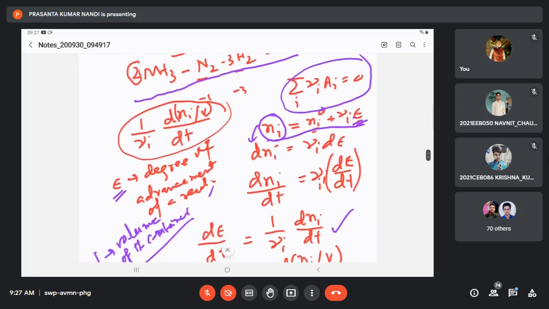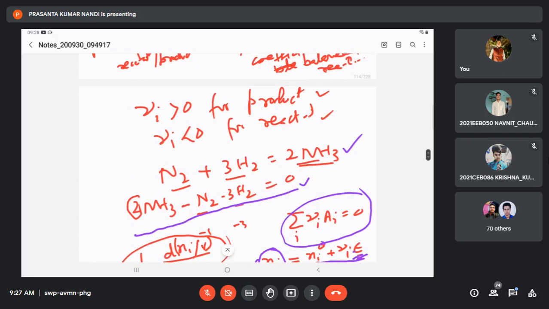Say for example, the formation of ammonia. What is the rate of reaction with respect to nitrogen? Look, if in 1 second, 1 molecule of nitrogen reacts or is consumed, at the same time, at the cost of 1 molecule of nitrogen, 3 molecules of H2 are consumed, and subsequently 2 molecules of ammonia are formed.